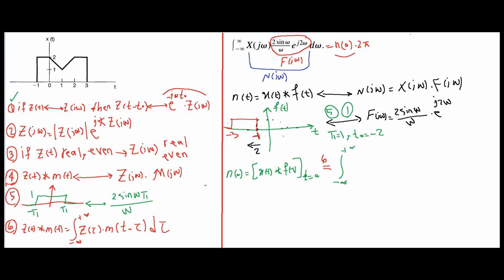Since t is equal to 0, this becomes f(-τ). Now, to compute this integral, we need to multiply x(τ) by f(-τ) and then calculate the area under the curve of x(τ) multiplied by f(-τ).